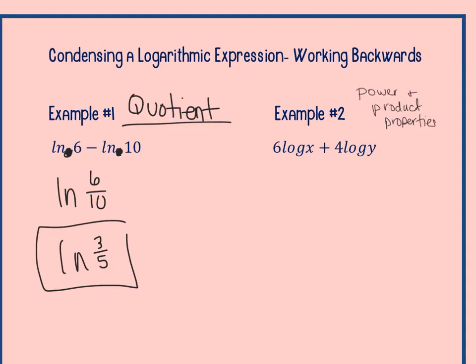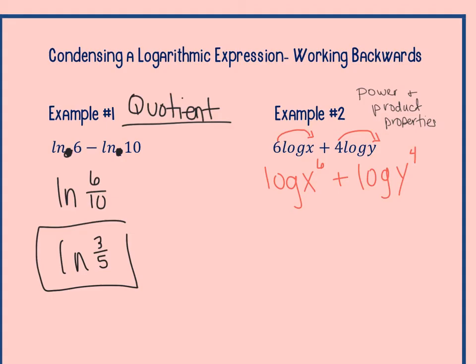The power property says that if I have an exponent, that exponent goes in front. So how do I work backwards? This is going to go to the exponent. This is going to go to the exponent. So now I have log base x to the 6th power plus log of y to the 4th power.